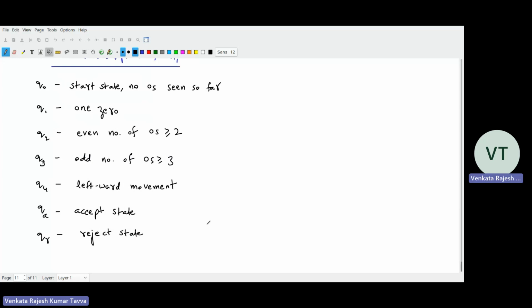Okay. So for leftward movement, we have a state. What about rightward movement? Do we need a state? No. Why? Because in these states, whatever you are doing, you are automatically going right. When you are crossing alternate zeros, you are anyway going right. Okay.